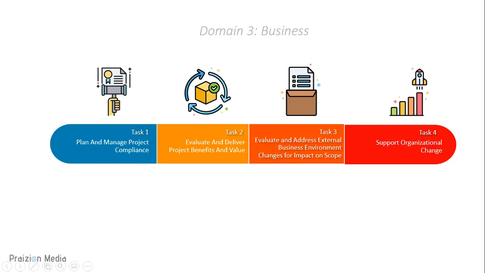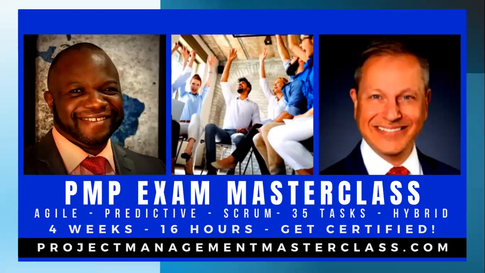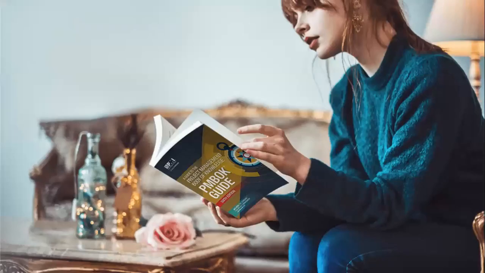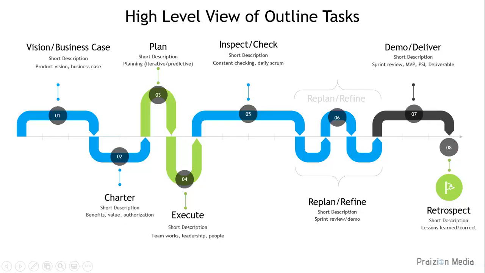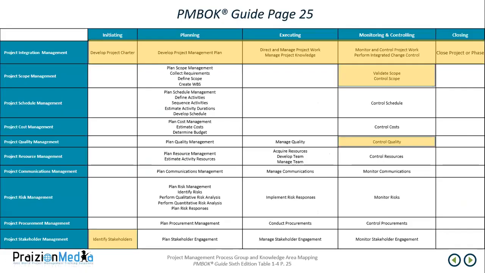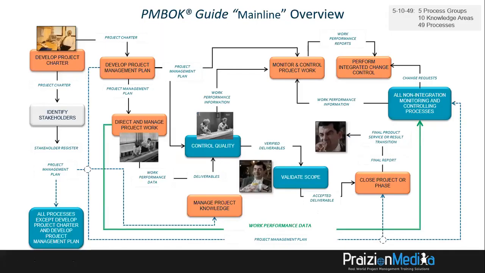In summary, my friends, Project Management Masterclass is behind this training. If you need help, go on down there to projectmanagementmasterclass.com. The first framework we talked about is a high-level view of outline tasks. The second framework that we talked about is what I call the PMBOK Guide mainline, which takes page 25 and extracts roughly 20% of it, puts it together in this mainline.